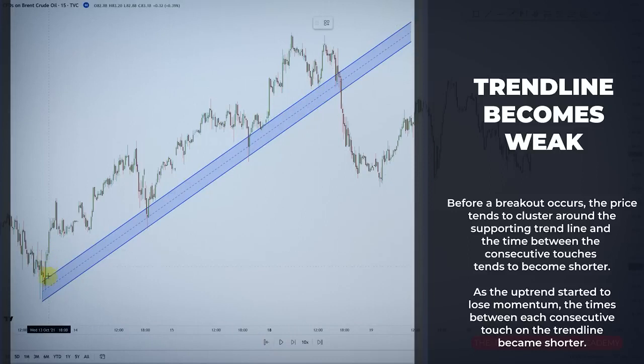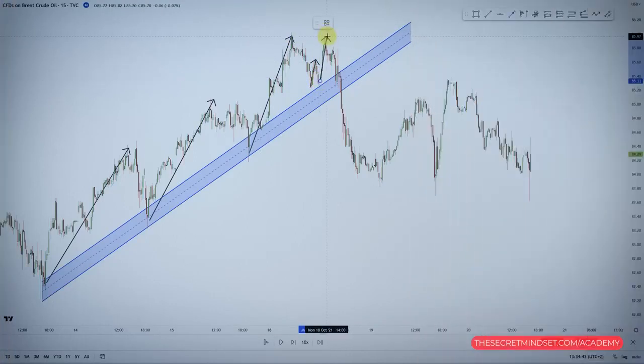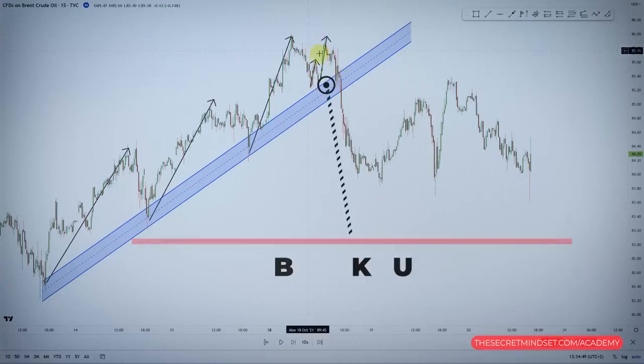As the uptrend starts to lose momentum, the time between each consecutive touch on the trend line becomes shorter. Finally, the time between the last 2 touches was very short, after which the price broke below the trend line and started a strong downtrend.